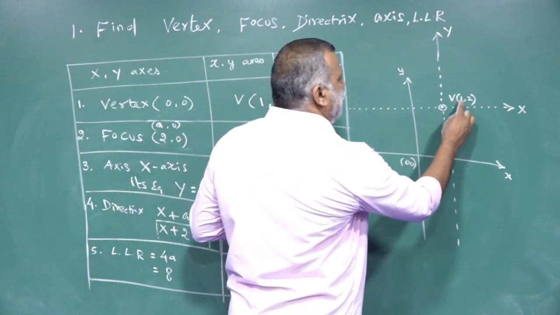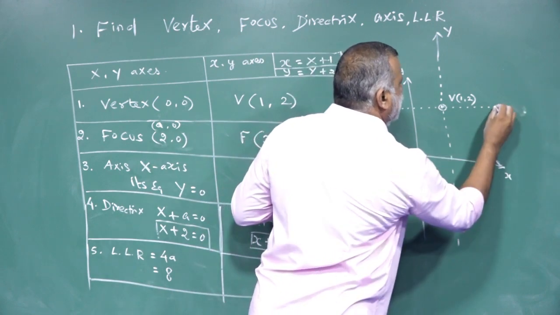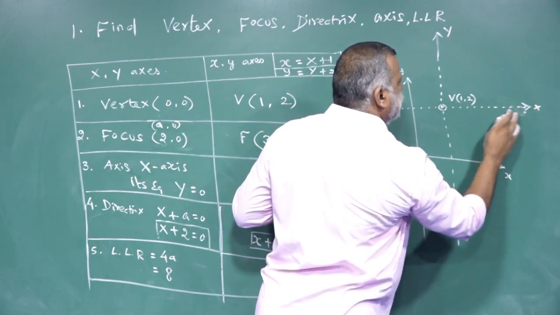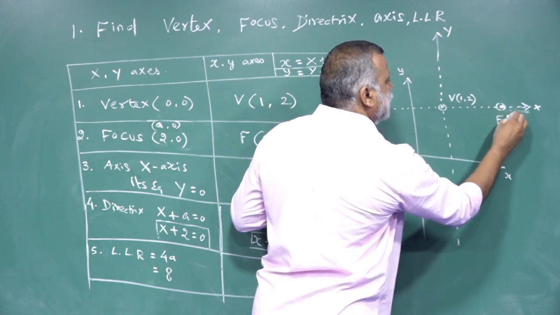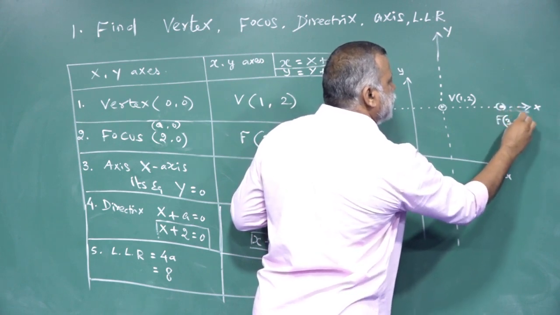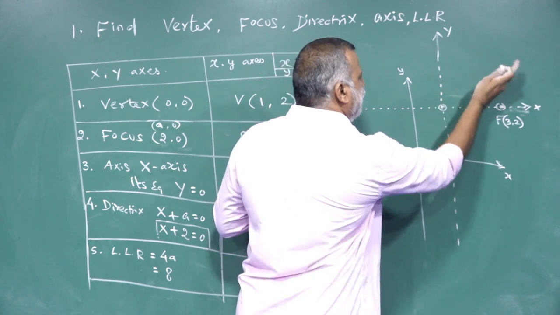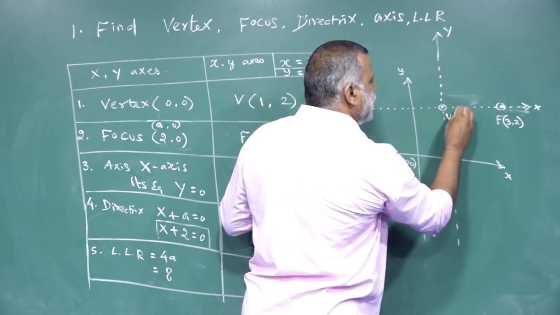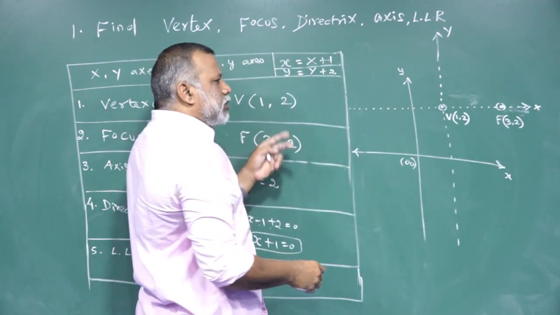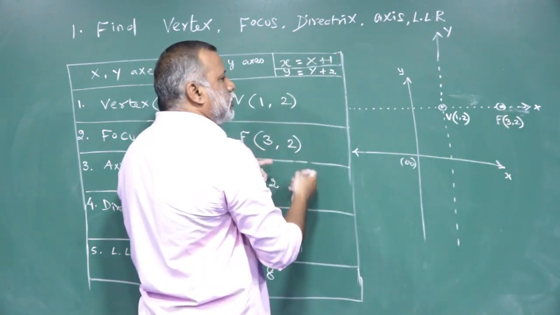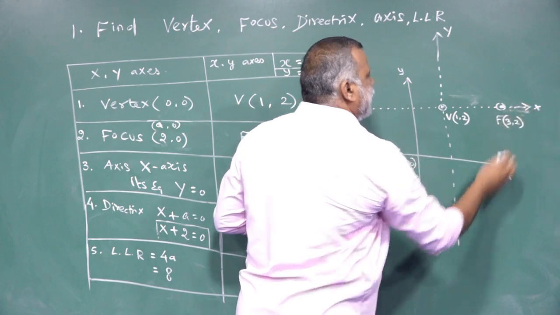Already we plotted 1, 2. Now 3, 2 must be here only. So this is the focus 3, 2. So this is the vertex. See, carefully listen. This is the vertex 1, 2. Focus is 3, 2. So plot this point.